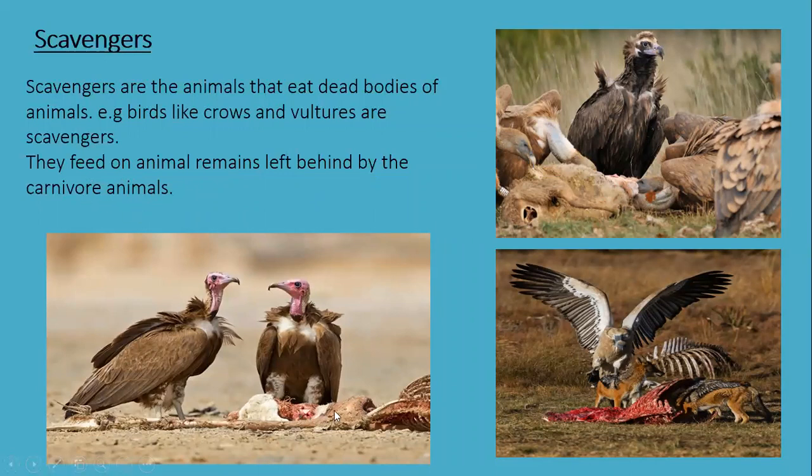Look, these are the dead bodies of some animals which carnivore animals left, and then they come and eat these dead bodies. So they are called scavengers. They eat the dead bodies of animals. This is the fourth type of consumers.